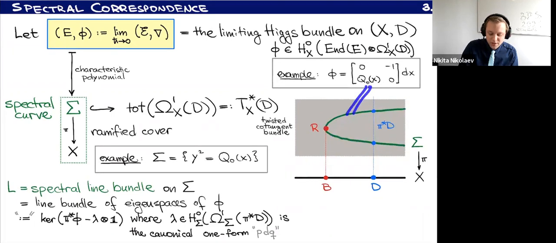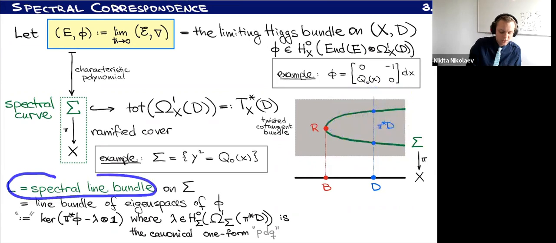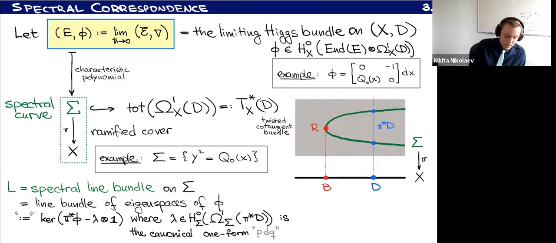So if I attach the line of eigenvectors to each point on the curve sigma, then I get a line bundle over sigma, and that's the spectral line bundle. I call that L. This is a line bundle of eigenspaces of phi.